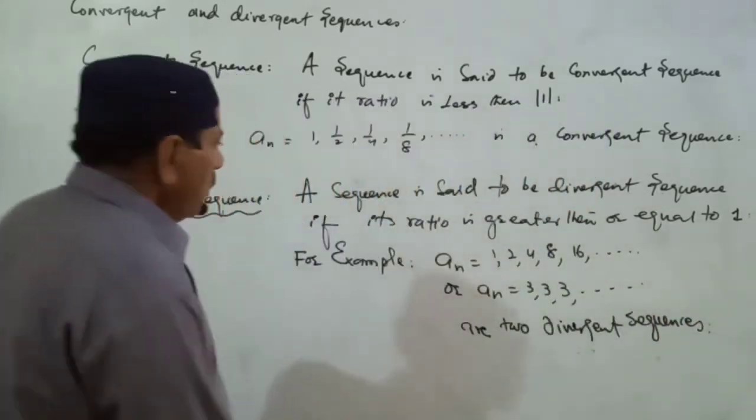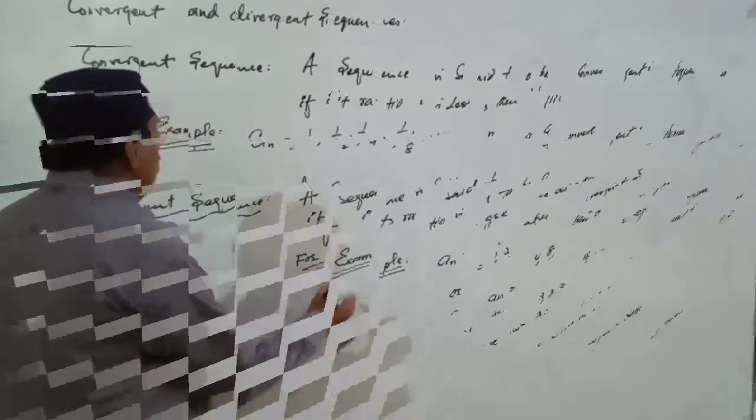Are two divergent sequences. Okay, exercise 1.5.